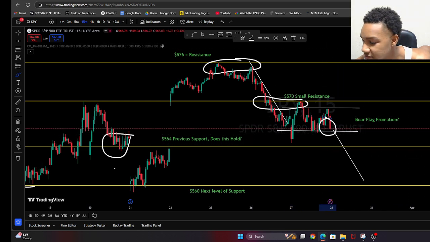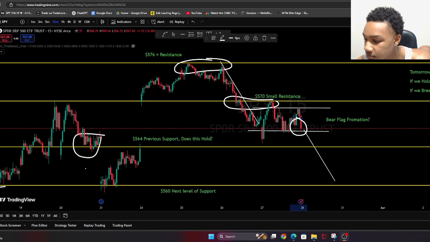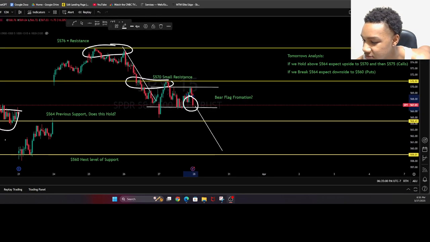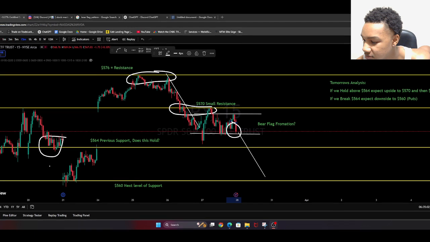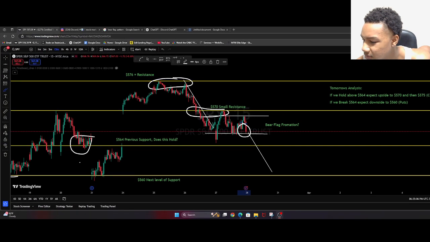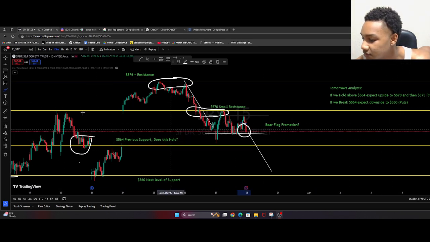Let me make sure you guys can see the prices. How I'm getting these prices is over here. So let me make my screen a little bit smaller so you guys can see everything. Oh, you can't even see the prices.